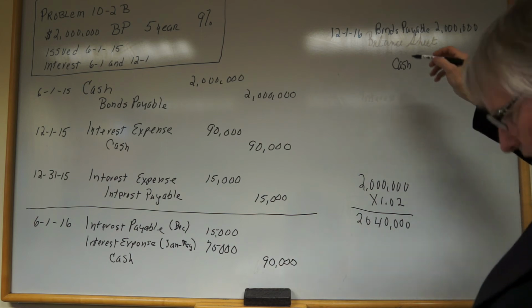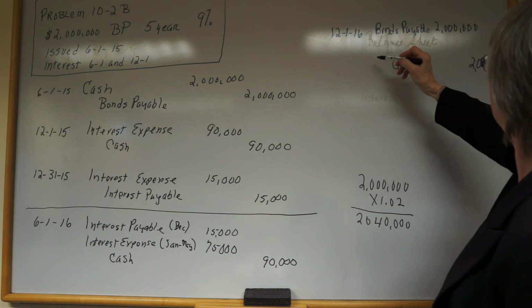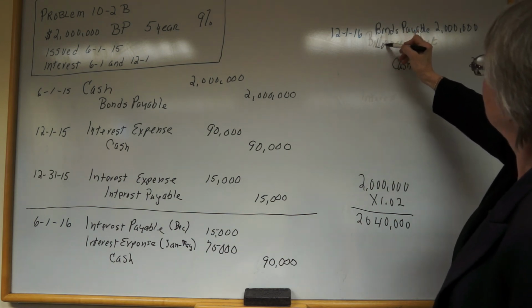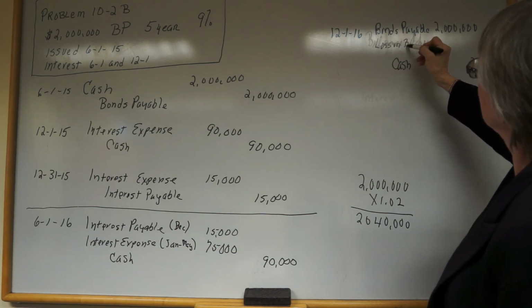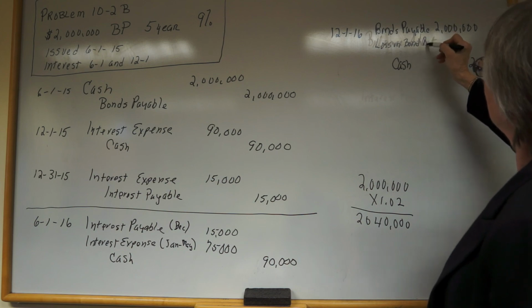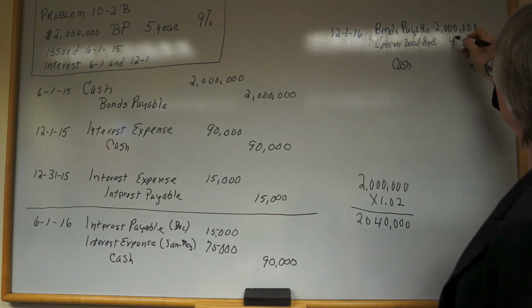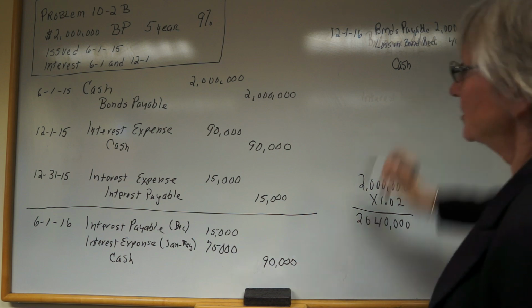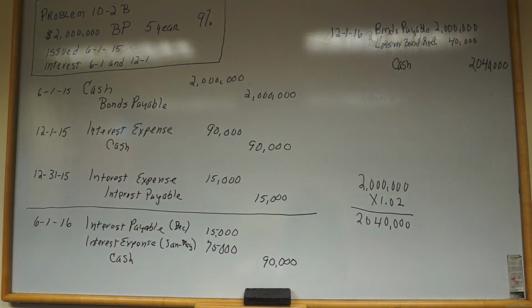And so that means that we have a loss on the bond redemption. Loss on the bond redemption of $40,000. Okay, so that takes us, I think, through most of problem 10.2b. All right.